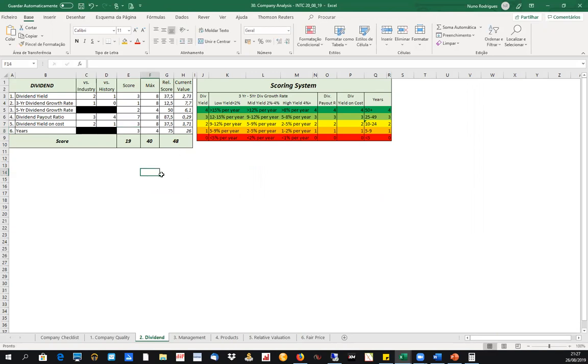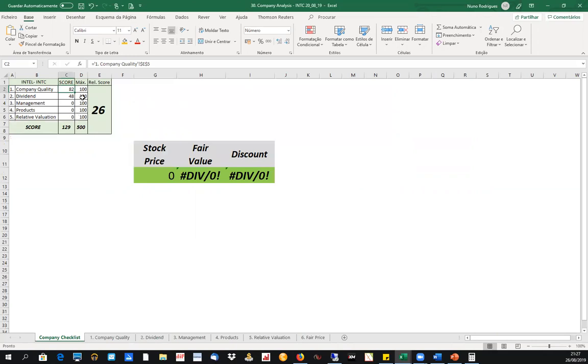Again, it's definitely a good company, high quality, but the dividend is, I wouldn't say bad, but 48 out of 100, it's not even 50%.